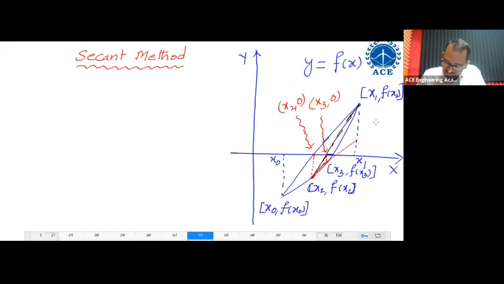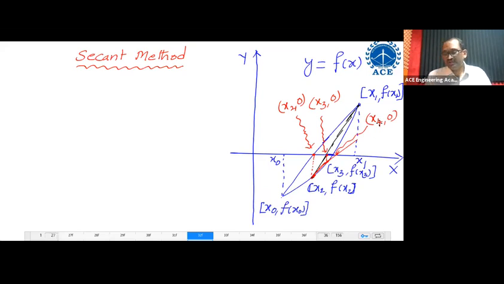I am drawing a secant line passing through x2, x3. A secant line means a straight line passing through x2, x3. Where does it touch the x-axis? Here. That will be your next approximation. What is that? x4 on the x-axis, y coordinate 0.